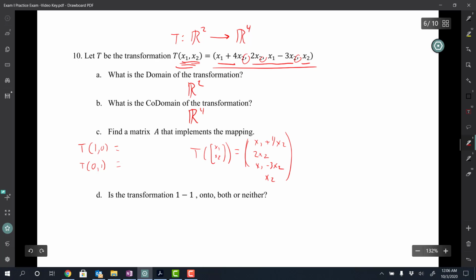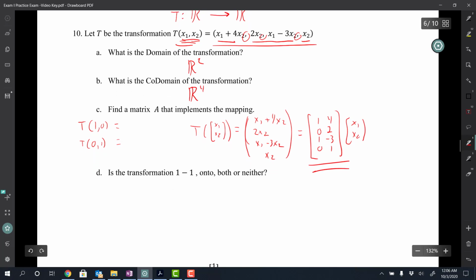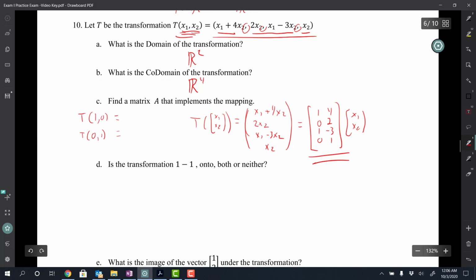And when I write that output vertically, I can really see it's the matrix that looks like 1, 4, 0, 2, 1, -3, and 0, 1 times some vector x1 and x2, which means this is really the matrix that does the transformation. Part D says is the transformation 1 to 1, onto, both, or neither.